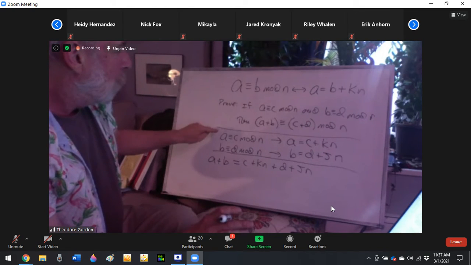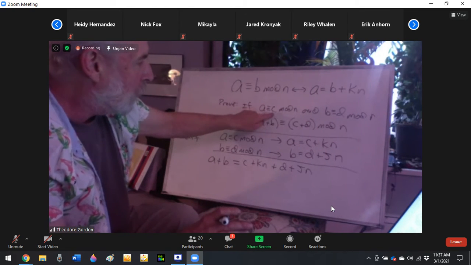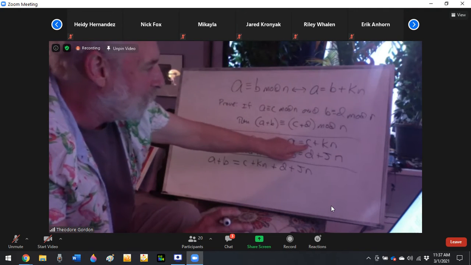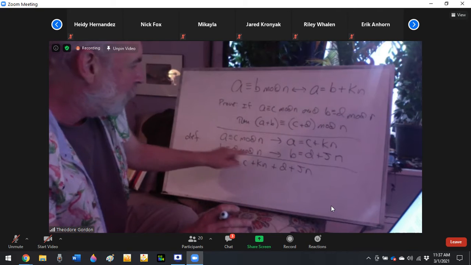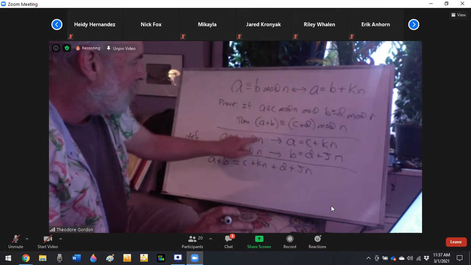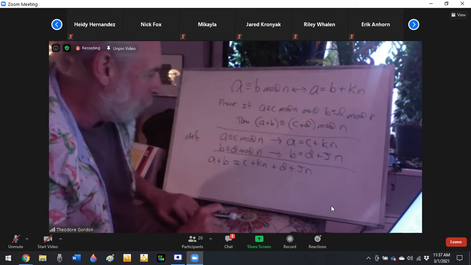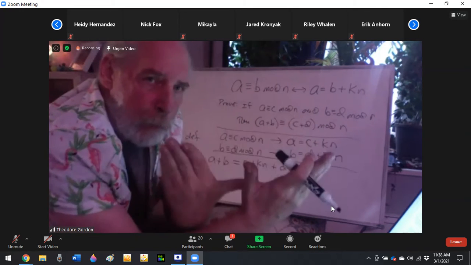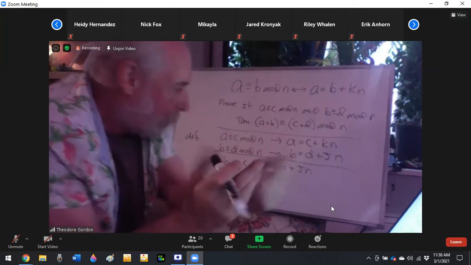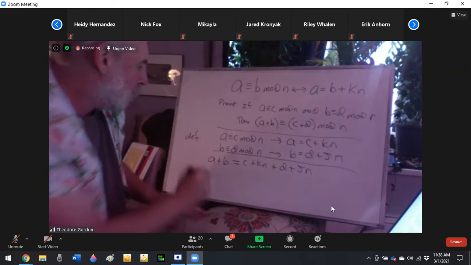So we know that this is true. Then by definition, A is this number plus this. So this tells me that if I divide A by N, this will be my remainder. Now we use regular arithmetic. We can use the property of commutativity. I can rearrange this because it's all plus signs.